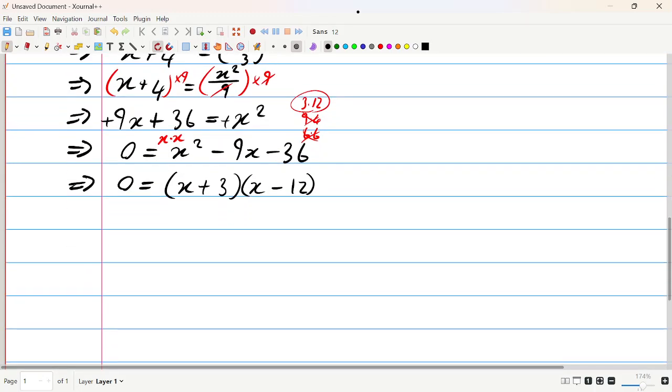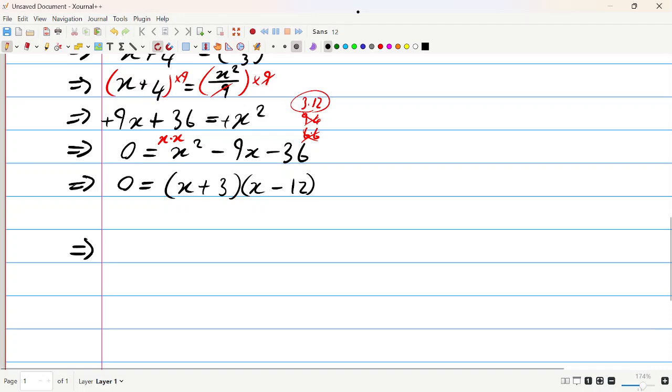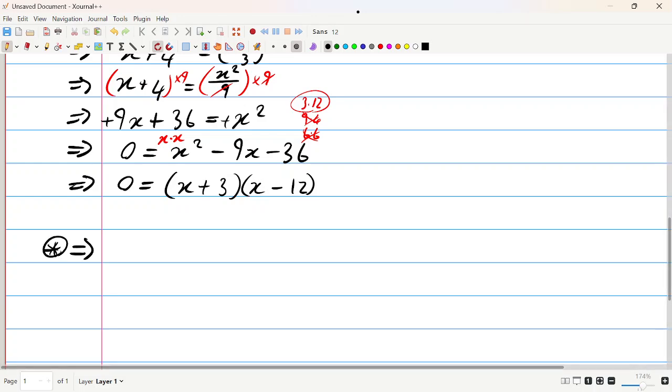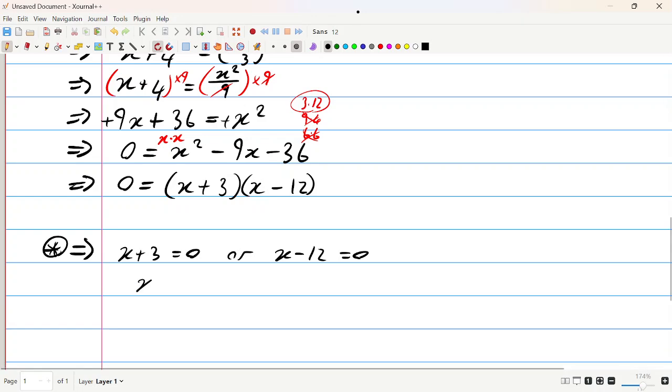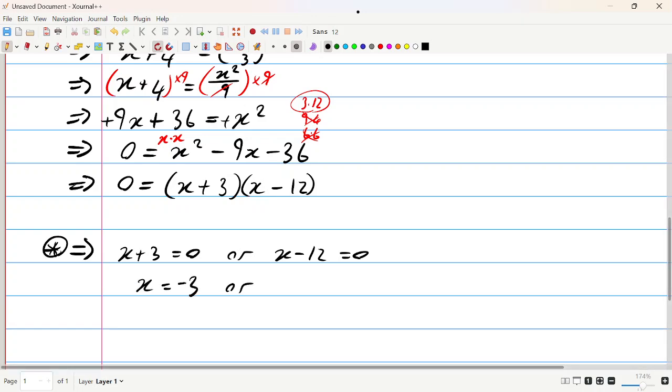Therefore, x plus 3 is equal to 0, or x minus 12 equals 0. Then x is equal to negative 3, or x is equal to 12.